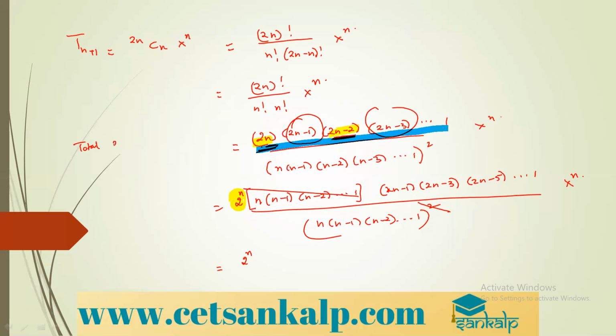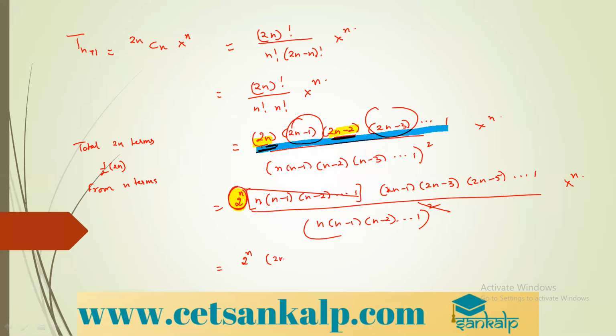From half of 2n, that is from n terms, I am taking 2 common. That is why 2 power n.